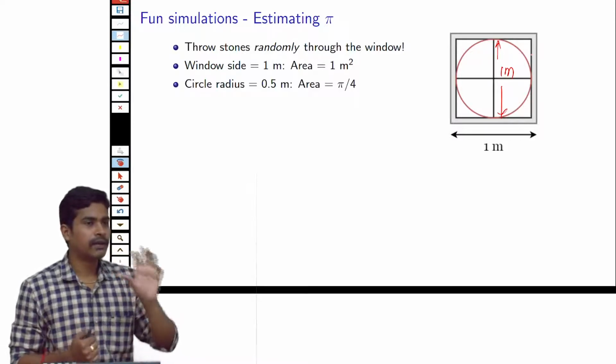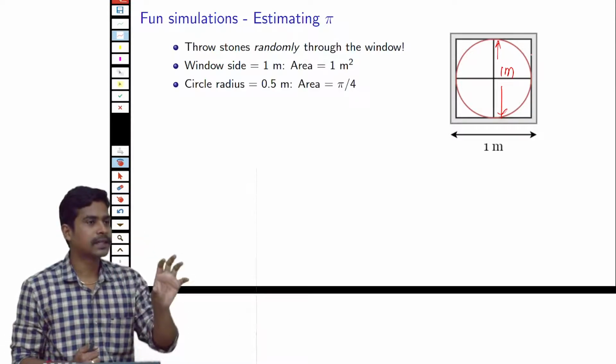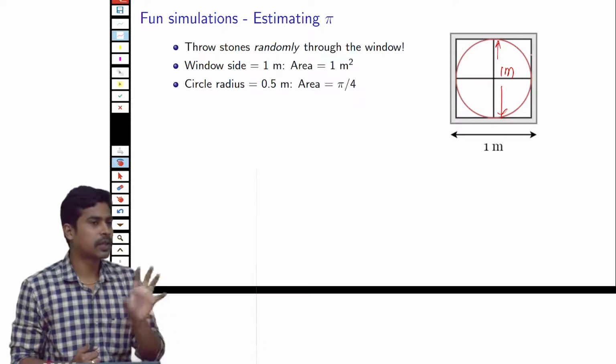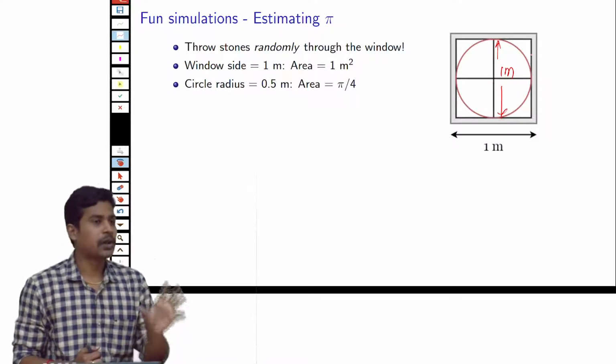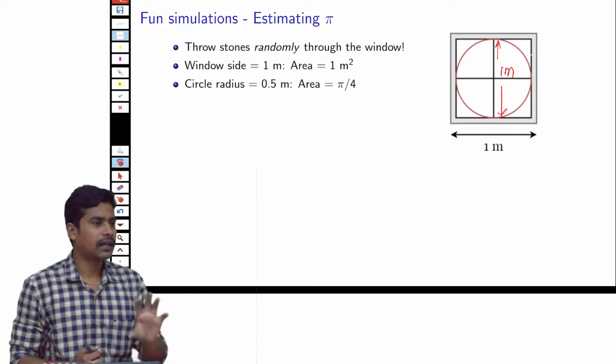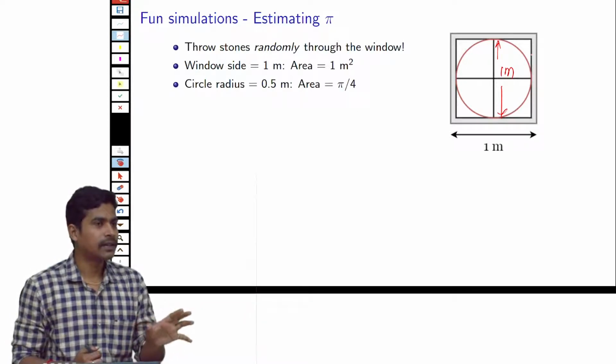If you divide the number of stones that land inside the circle by the total number of stones you have thrown inside the window, that is going to roughly estimate the ratio of the area of the circle to the area of the rectangle. So am I clear?